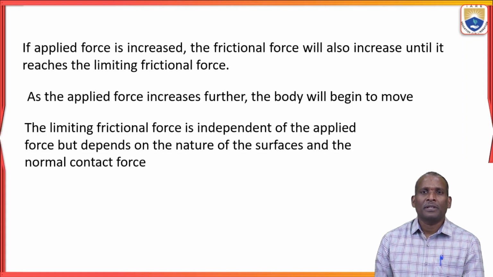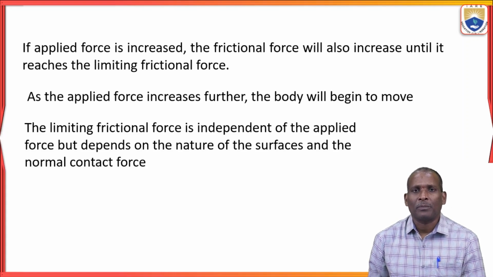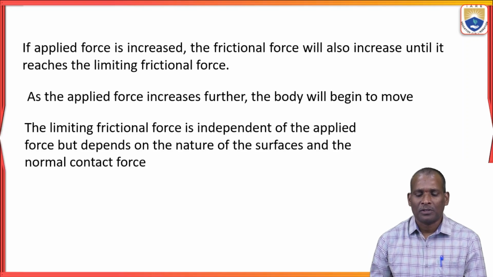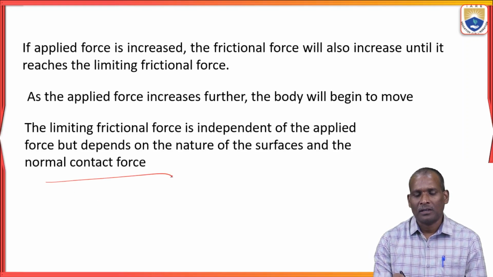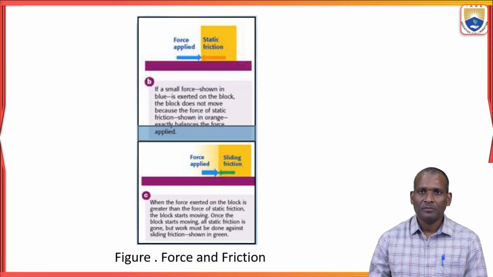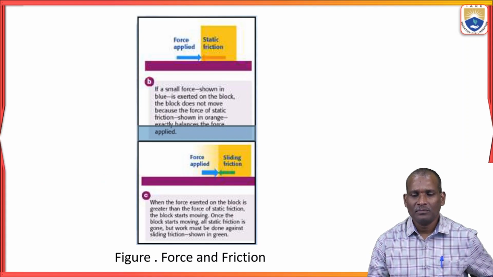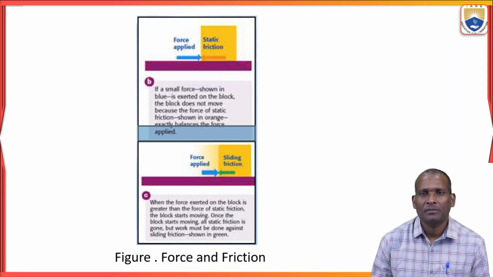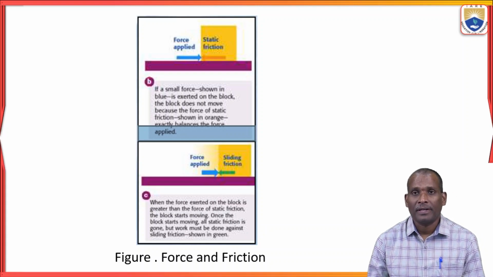So the limiting frictional force is independent of the applied force but depends on the nature of the surfaces and the normal contact force. In this figure, I explained the relation between the force and friction when it is static and sliding.